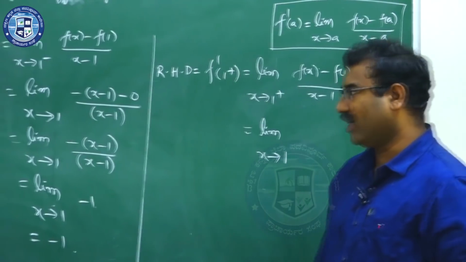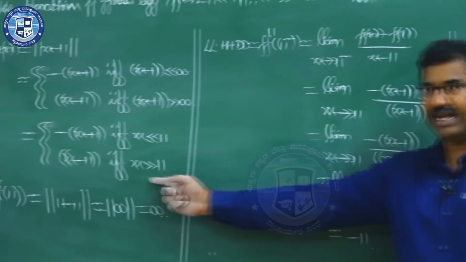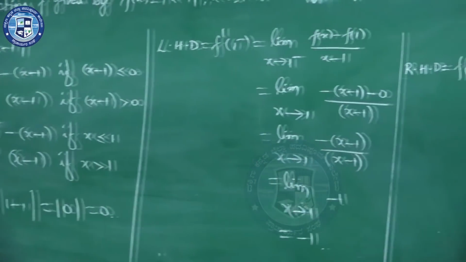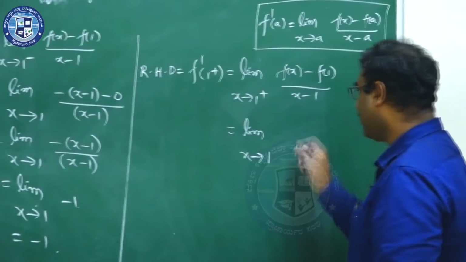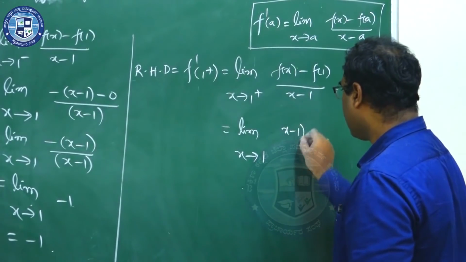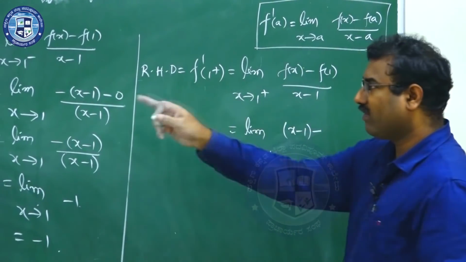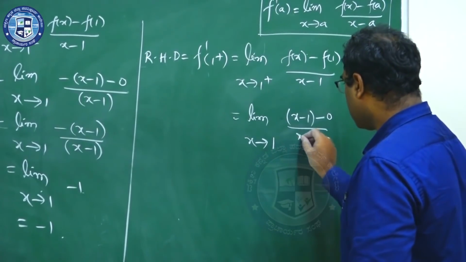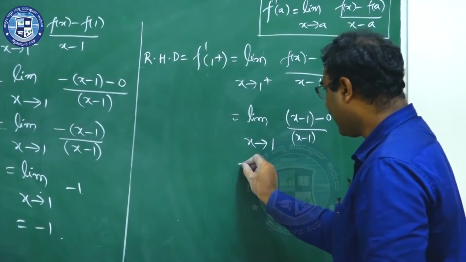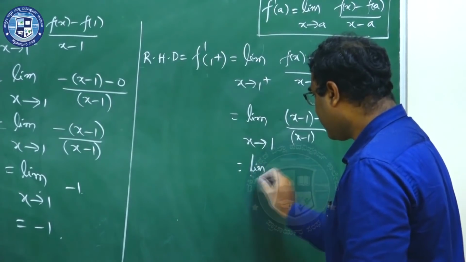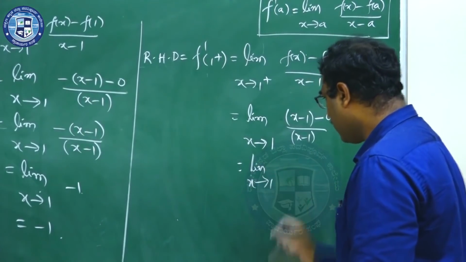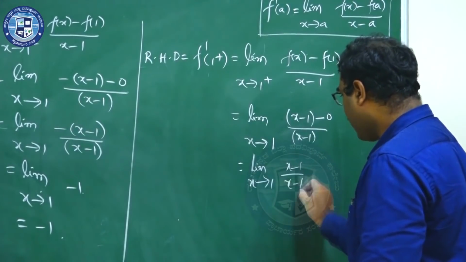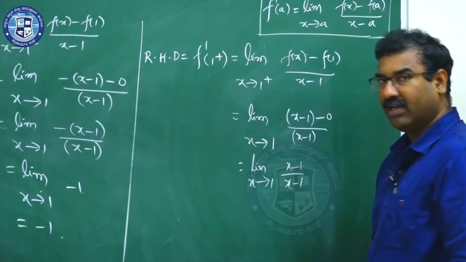When x is more than 1, what function do I have to take? x minus 1 I have to take when x is more than 1. So, we substitute now x minus 1 in the place of f(x), and f of 1 value we have is 0, divided by x minus 1. So, what are we getting? Limit x tends to 1 of (x minus 1) by (x minus 1).